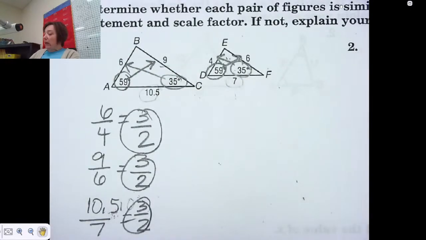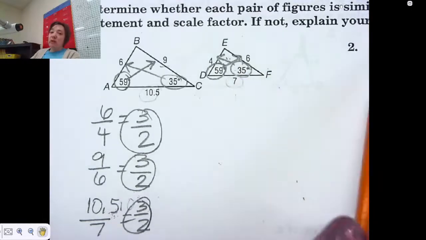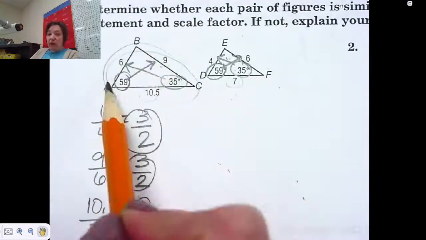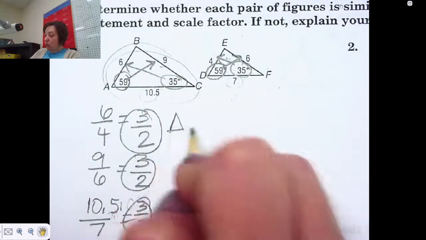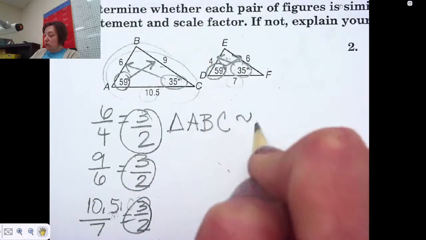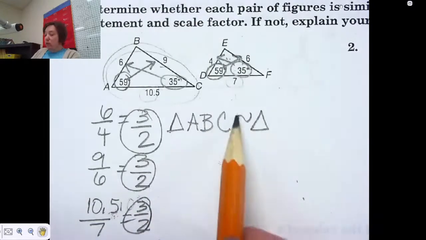So we need to write a similarity statement because that's what the directions tell us. Determine if they're similar. If they are, write a similarity statement. So a similarity statement is just like a congruent statement. We're just saying this triangle is similar to this triangle. And you do it with symbols, right? So we're going to name this triangle here. So we're going to say triangle ABC is similar to, y'all see the little symbol for similarity?